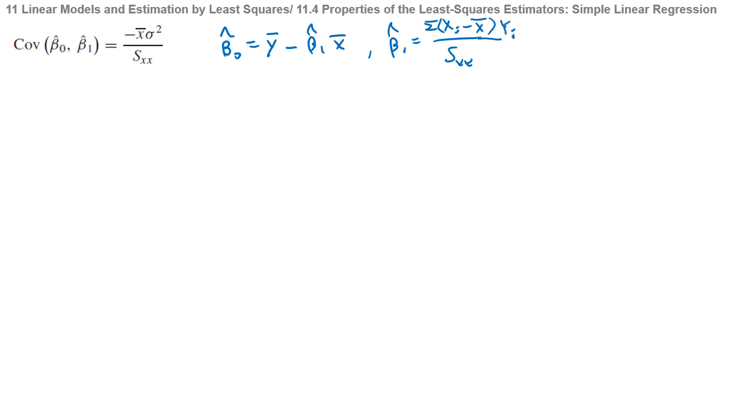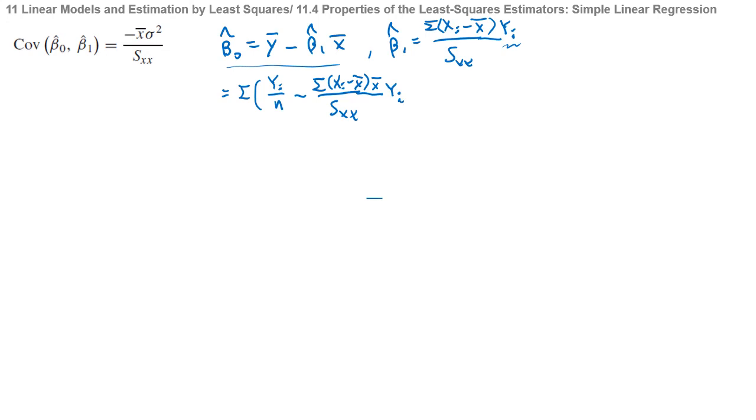Let us define beta 0 hat in the form of yi's. So beta 0 hat is the sum of yi's over n minus 1 over Sxx times the sum of xi minus x bar times x bar times yi.